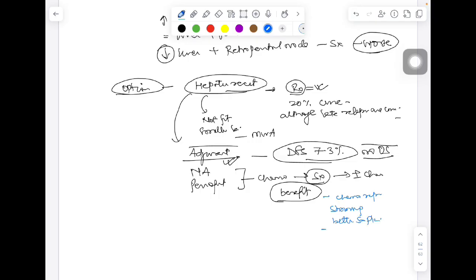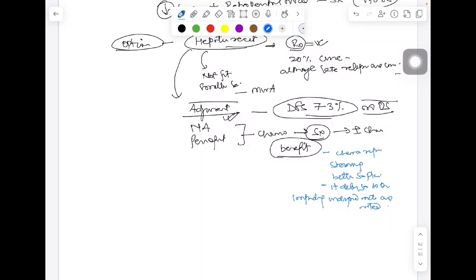They say it delays surgery so that impending widespread mets are noted. So suppose we are giving neoadjuvant chemotherapy, and by the time surgery is there, if it is already metastatic to many places, probably that surgery was also going to be futile. Moreover, adjuvant chemotherapy sometimes is not easy after hepatic resection, so we complete the chemo first hand, so no need of adjuvant, or poor tolerance is a better word, poor tolerance to adjuvant. So these benefits are there.